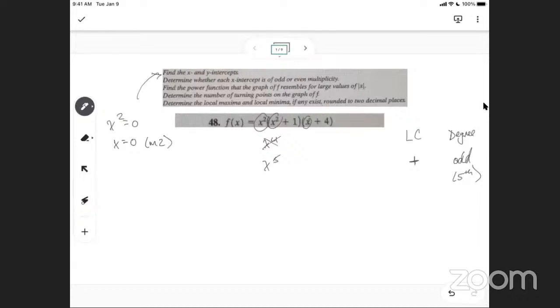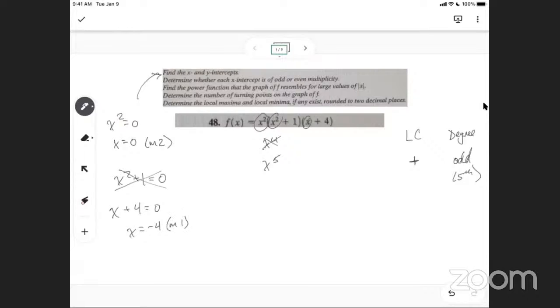The next one, x squared plus 1, will not yield any real zeros. Those are complex zeros, so there are no x-intercepts from that. You understand what I mean by that? Okay, and then x plus 4 equals 0 yields a zero of -4, and that has a multiplicity of 1.